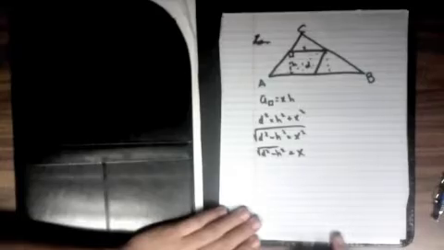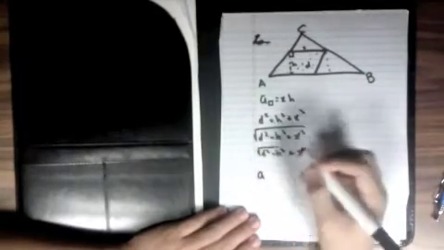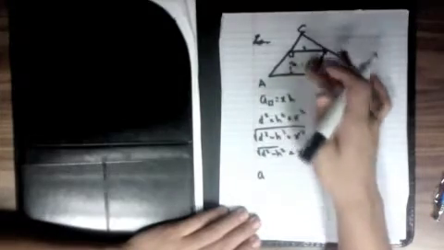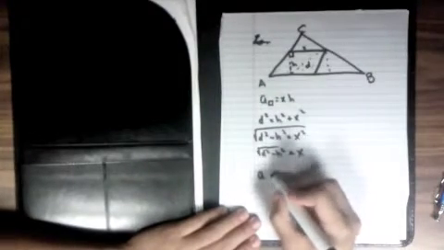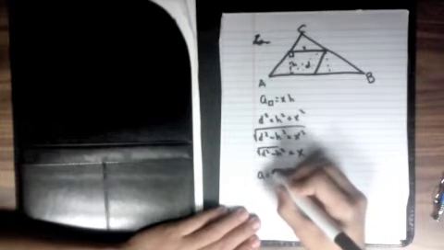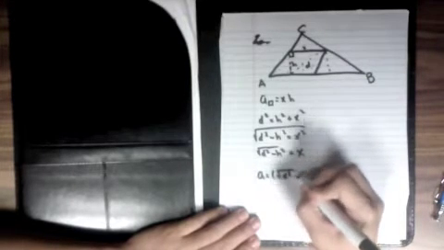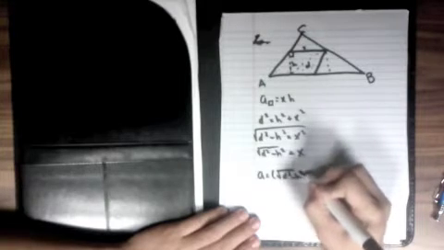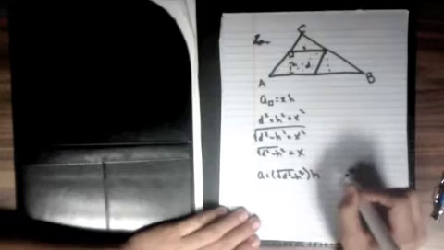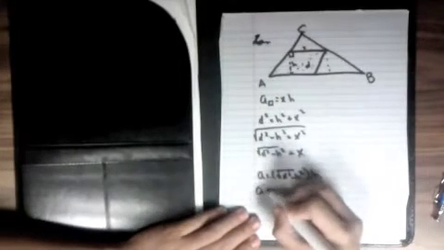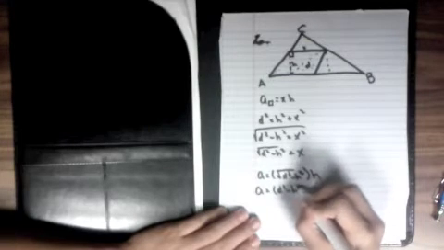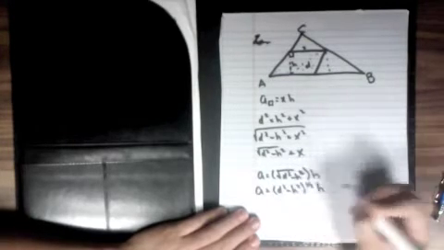So now we have that the area of this rectangle is equal to x, which is the square root of d squared minus h squared, times h. If we simplify that, a is equal to d squared minus h squared to the 1/2 times h.